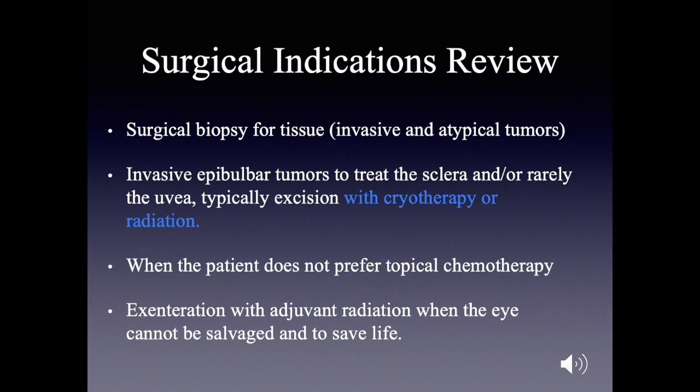I use surgical biopsy for invasive epibulbar tumors in order to assess the sclera and/or uvea, typically for adjuvant cryotherapy or radiation. I also use surgical excisional biopsy when the patient does not prefer topical chemotherapy. Lastly, occasionally orbital exenteration is required. This is typically with adjuvant radiation therapy to save life.